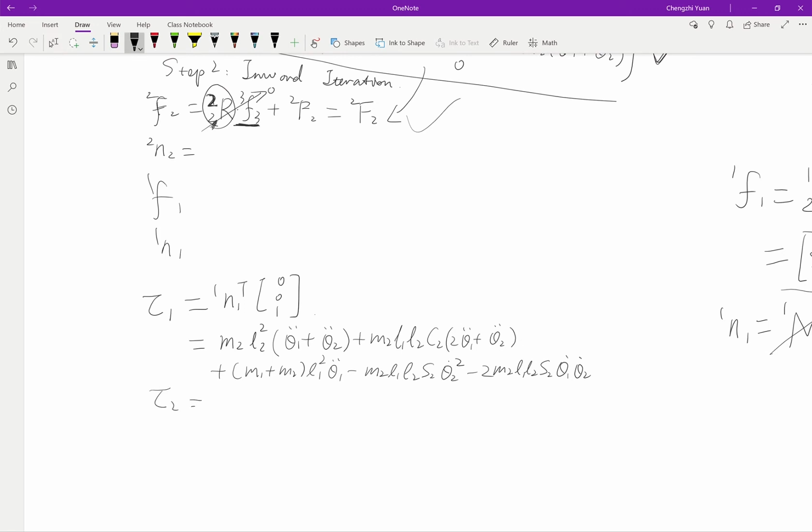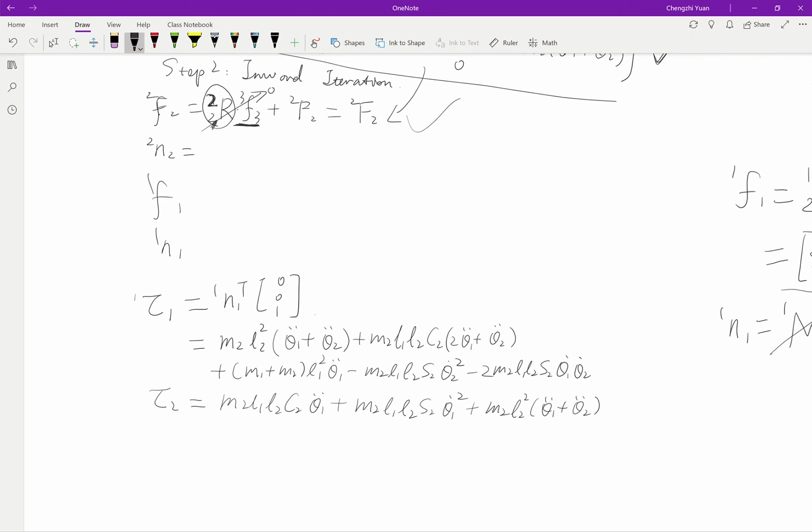Torque 2 equals, let me also give you the final results here: M2 L1 L2 C2 theta 1 double dot plus M2 L1 L2 S2 theta 1 dot square, and then plus M2 L2 square times theta 1 double dot plus theta 2 double dot.